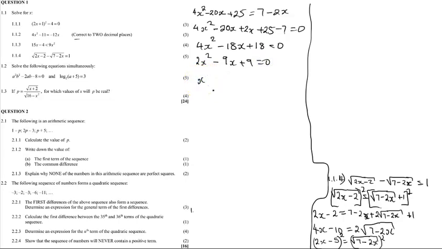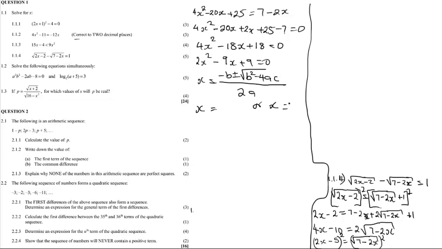Then let's just not waste time with this. Let us punch this on our quadratic equation. x equals negative b plus or minus the root of b squared minus 4ac, all that is over 2a. So our a is 2, b negative 9, c positive 9.